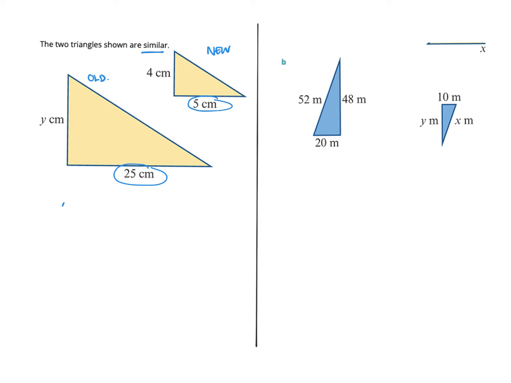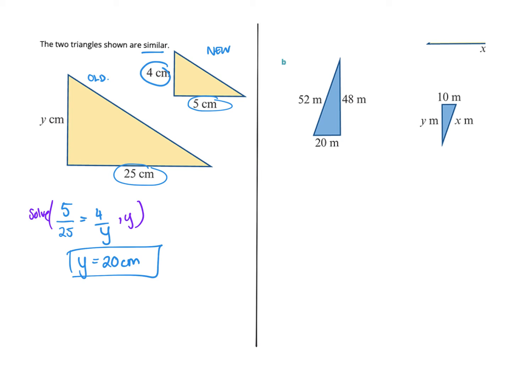All right, so if I go 5 over 25, because I know they are already similar, I know that's going to equal the same as if I do 4 over y. So once you have that equation set up like that, that means we can use the solve function on our calculator, so comma y, and you'll find out that y equals 20 centimeters, okay?